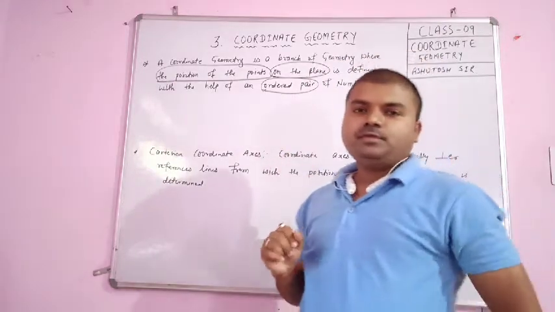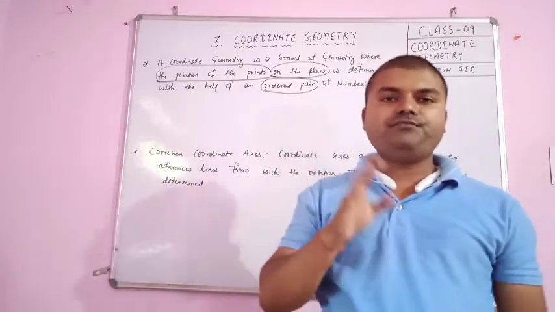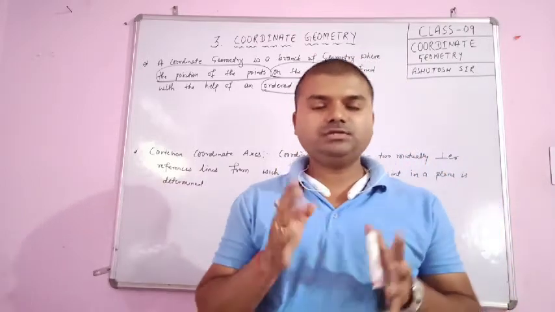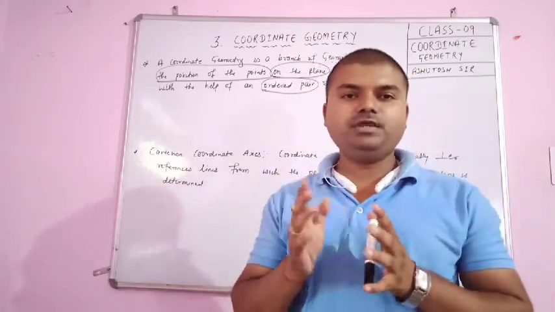That means if you draw (3, 4) on the coordinate axes, what is the position of 3 and 4? What is the meaning of this?